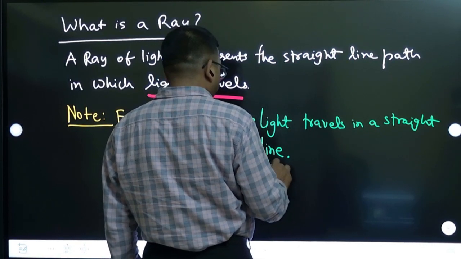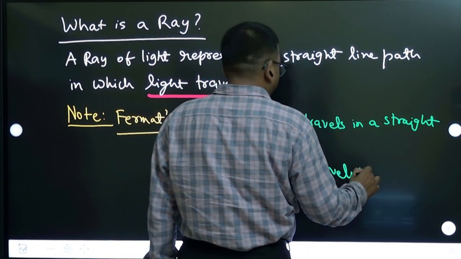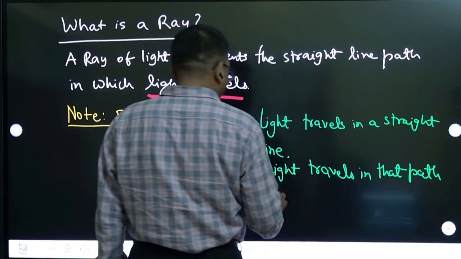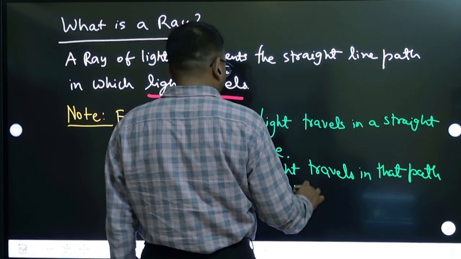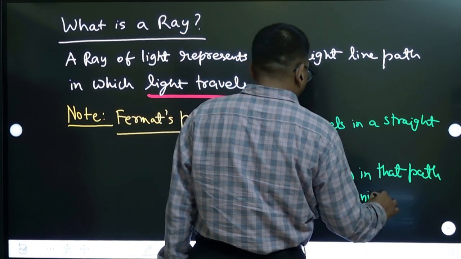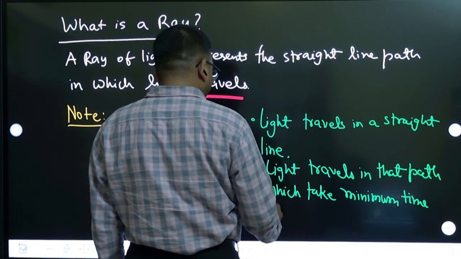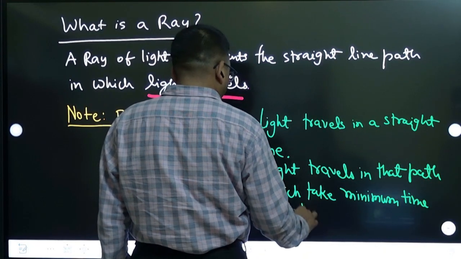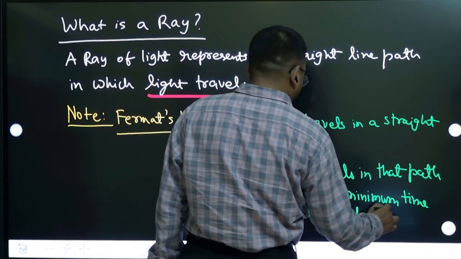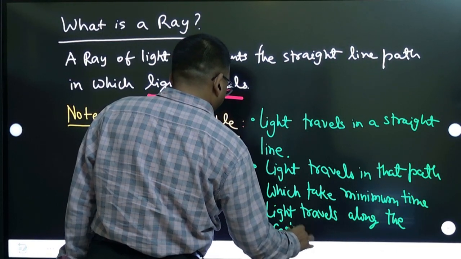Second point, light travels in that path which takes minimum time. Or you can say that light travels along the fastest path.